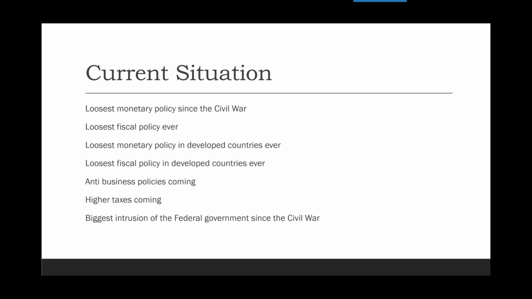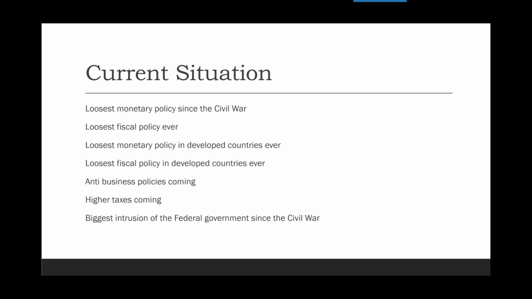Of course, in the Civil War, the government intruded. It suspended habeas corpus in the Union. The South instituted socialism. But the North also instituted a lot of intrusion, mainly on political speech. There was no political speech during the Civil War, et cetera.